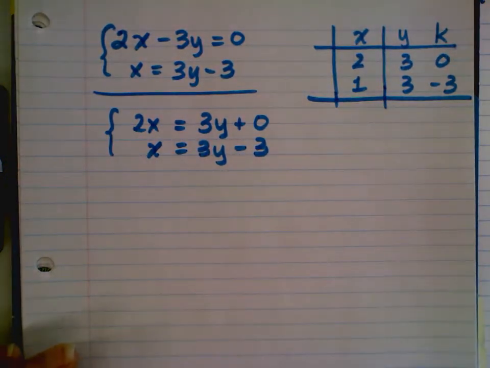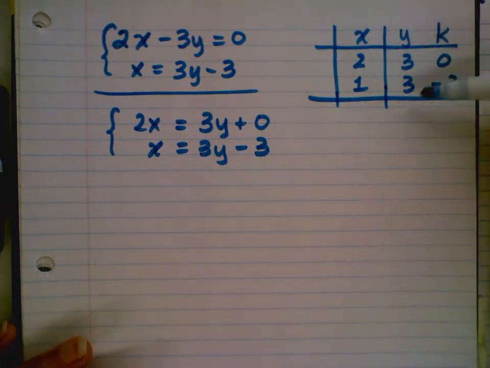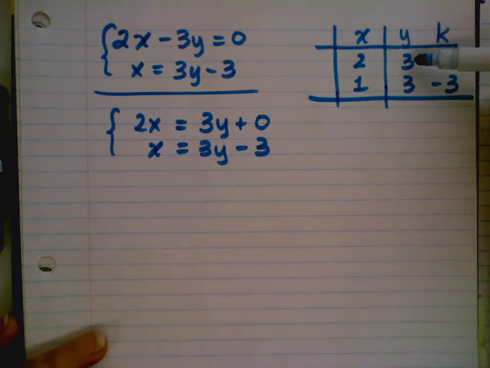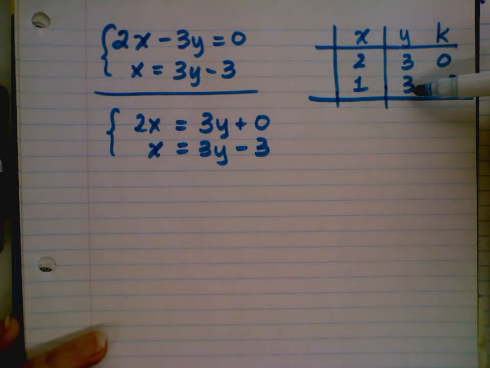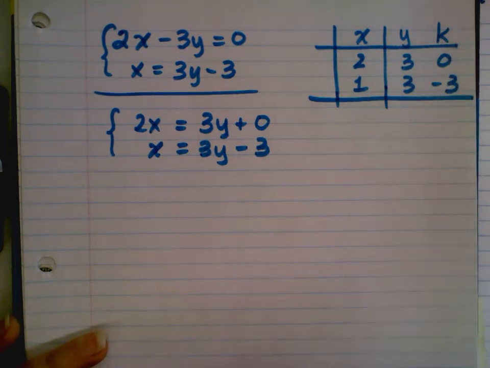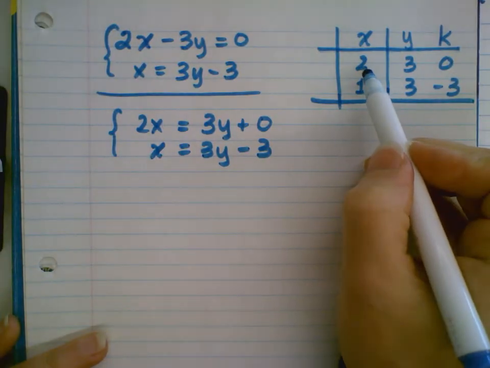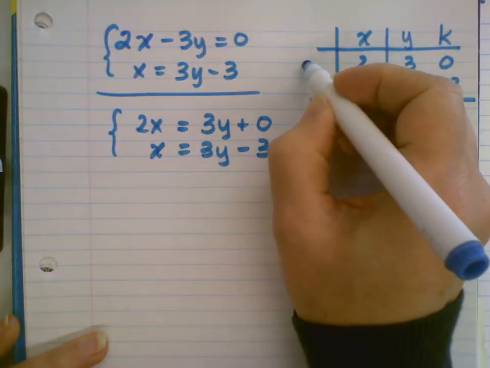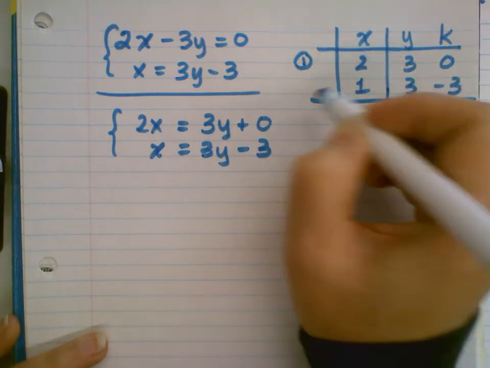So looking at my variables here, or my columns, if I take the first equation and subtract the second one, I could solve for x. So let's do that. We'll call this one equation 1, and this is equation 2.